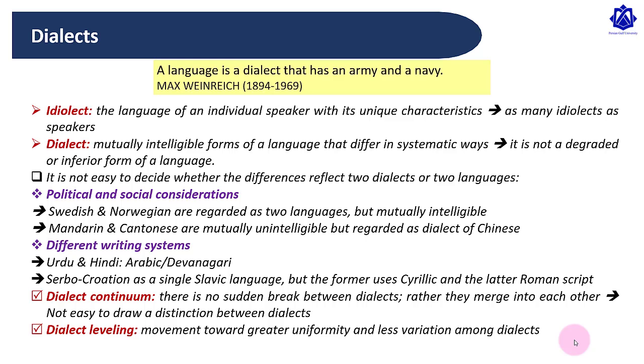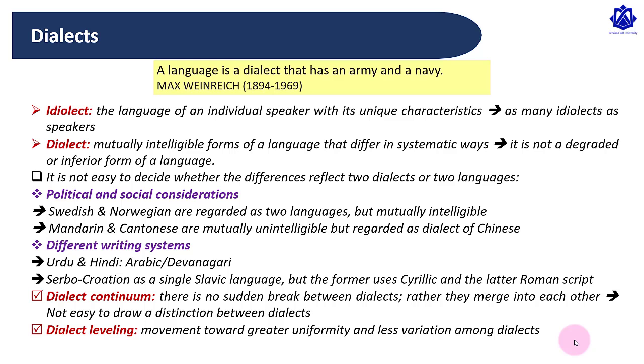When we are talking about dialects, you should keep in mind that a dialect is not a degraded or inferior form of a language, because any language that is the official or national language of a country has been a dialect, a dialect that has gained prestige and has written forms.